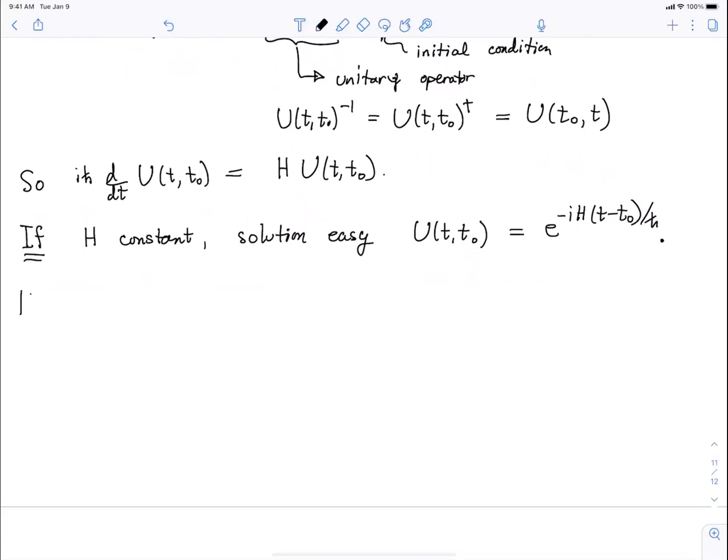Okay, so in the Heisenberg picture, and this is the last time I will spell out Heisenberg picture instead of just writing H picture.